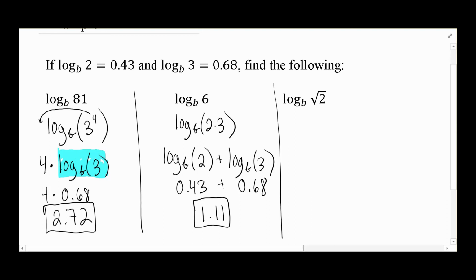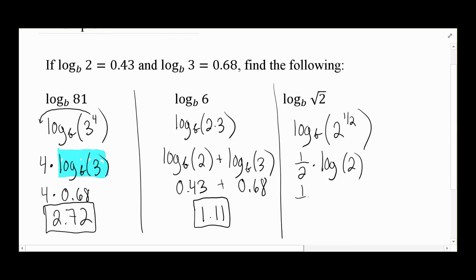Now for this last one, there's a 2 involved, but there's also a square root. But if we go back, I talked about this for advice earlier. Anytime we have a radical, try to rewrite that radical as a power. Since this whole logarithm business is all about undoing powers, it makes sense to rewrite that square root as the 1/2 power. Now we can use that power rule to bring that 1/2 out in front.